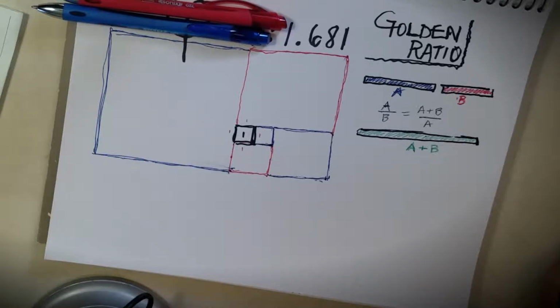Okay, so this is going to be the Fibonacci sequence based on the golden ratio.